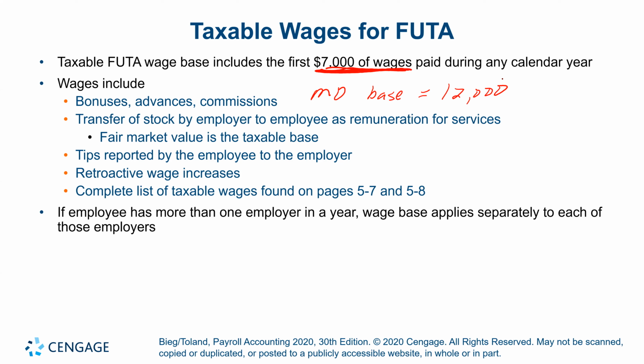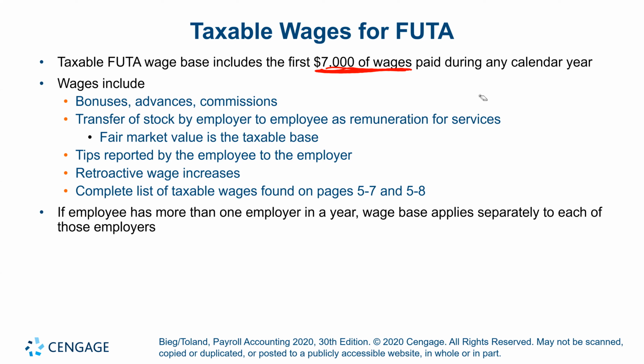But for federal, 7,000 is the maximum. So basically, an employer has to pay unemployment taxes on up to 7,000 of wages for an employee. After the employee's ending cumulative earnings are over 7,000, the employer no longer has to pay unemployment tax on that employee, right?